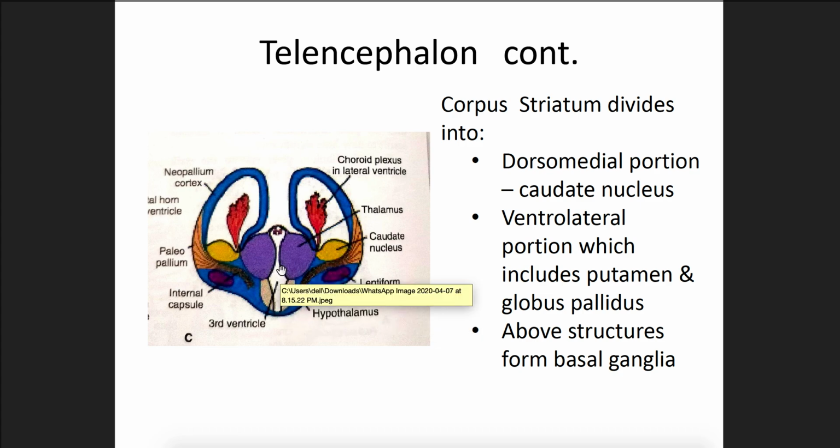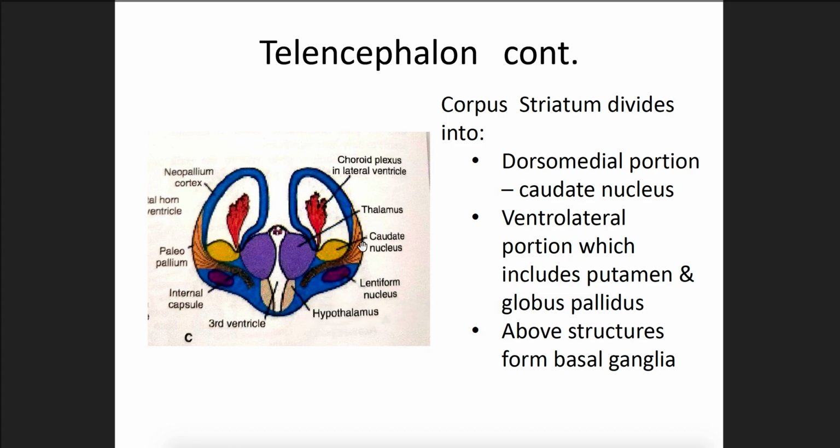Now I just want you to pay attention to the yellow structure and to the purple or reddish purple structure. This striated area is the corpus striatum.